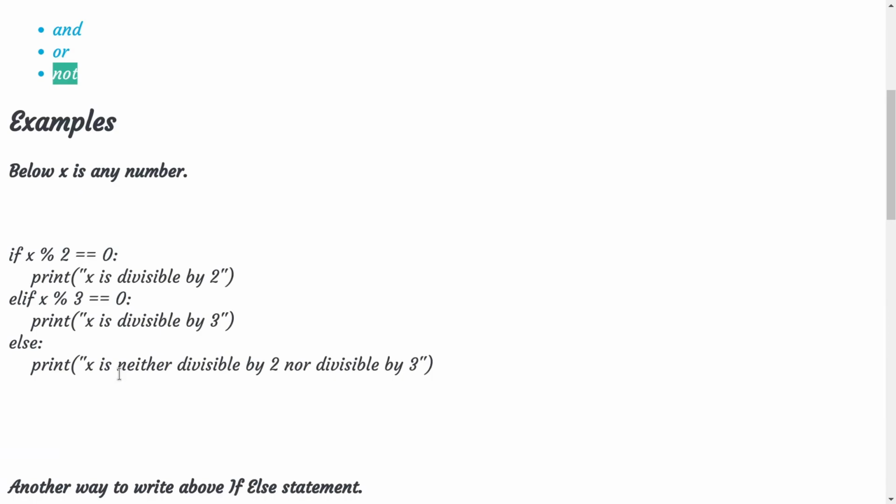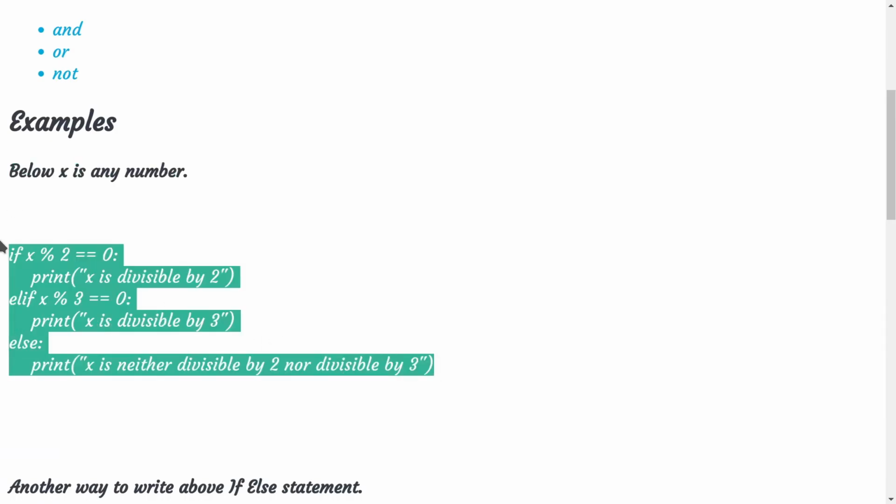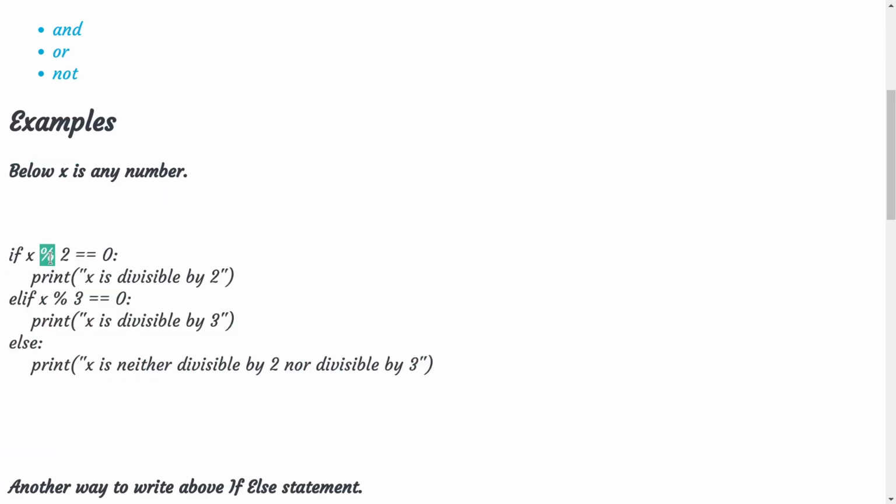In these examples, consider x as any random number, such as x equal to 2, x equal to 5, or x equal to 10. So just any random number. The first example is a very simple and normal if-else condition. Here the percentage sign is used to get the remainder of a division.